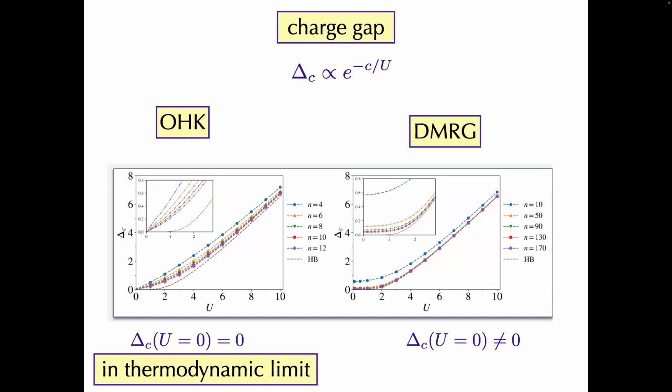Right, but it's never very good at the limit. That needs a huge bond dimension to get. Yeah. As they scale up the bond dimension, it really goes down.